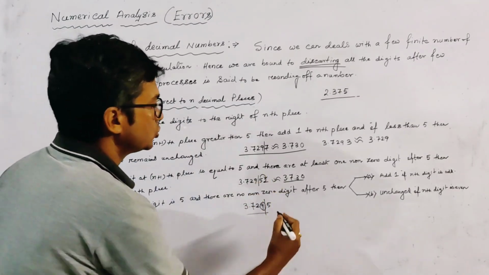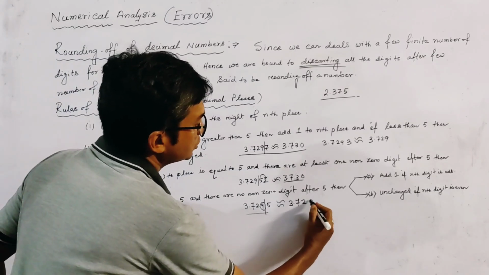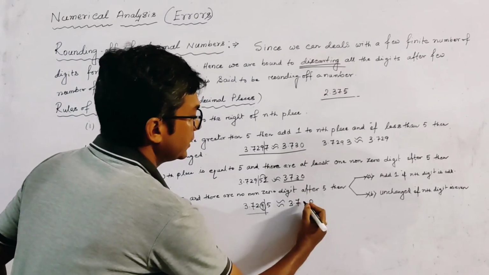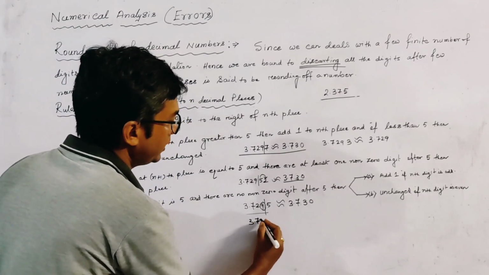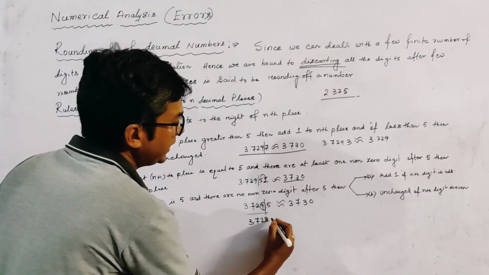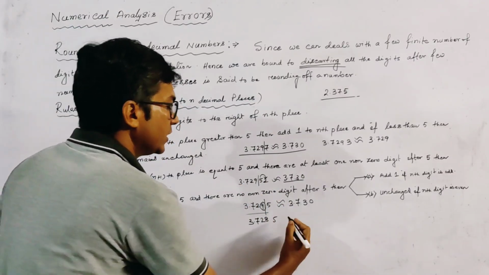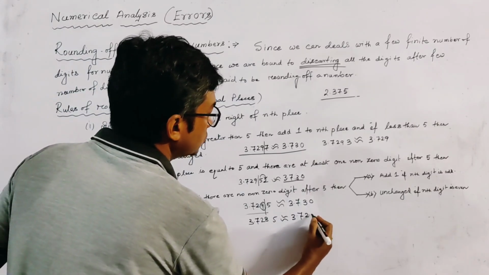And in this case, the nth digit, that is the third decimal place, is odd. 9 means odd, so we get 3.720, and we add here 1 carry, this is 3. But if the number is 3.7285, this is 5, so by this rule we get 3.728.